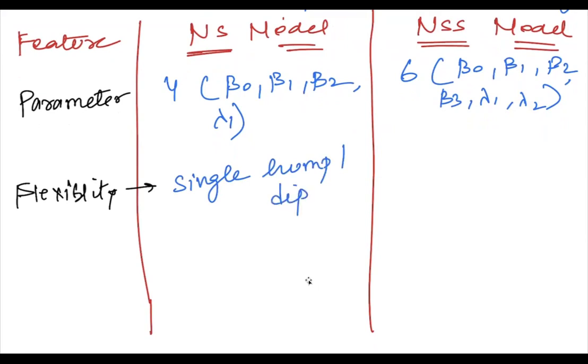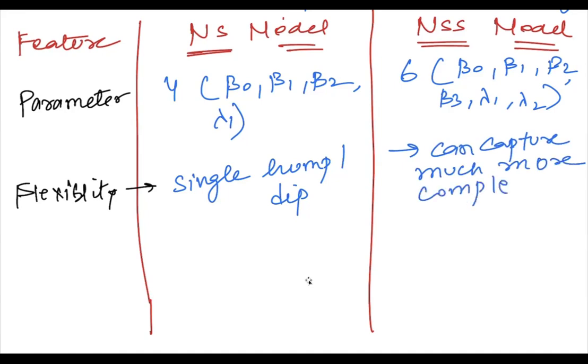But Nelson Siegel Svensson can capture much more complex shapes. Basically, when I say much more complex shapes, I mean multiple humps or dips.